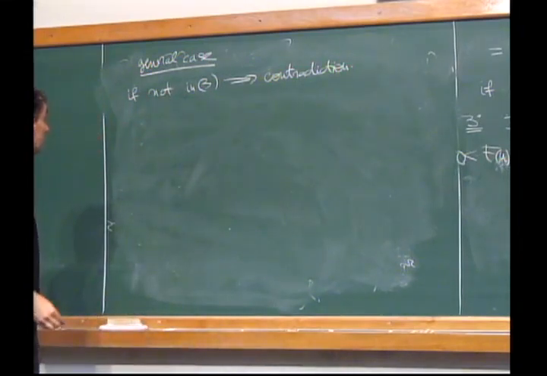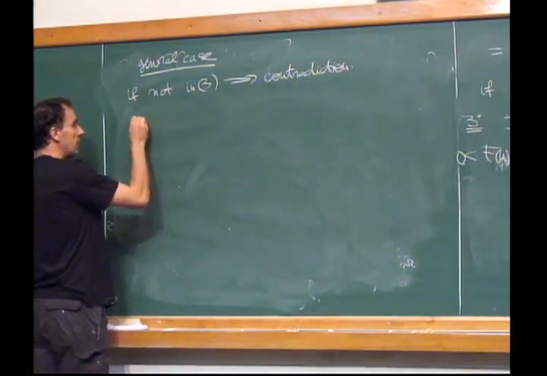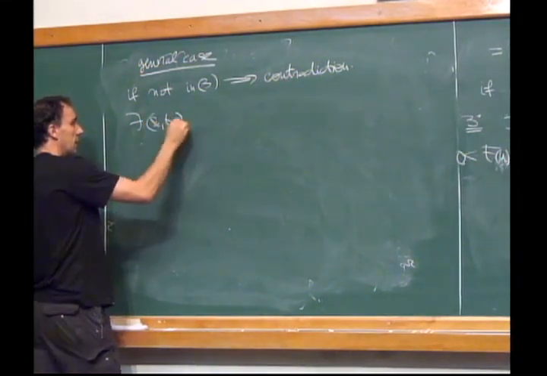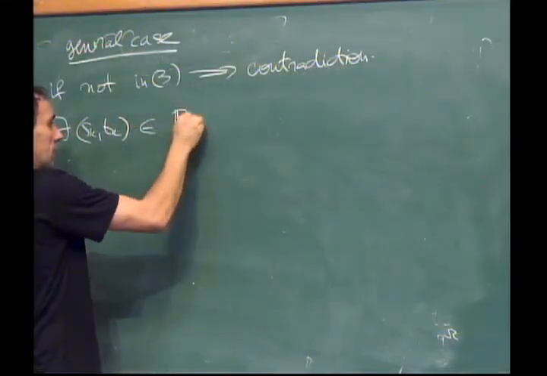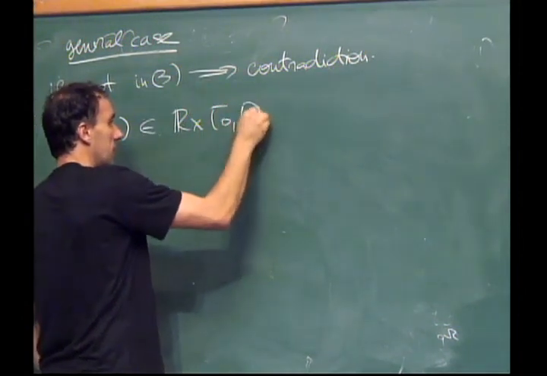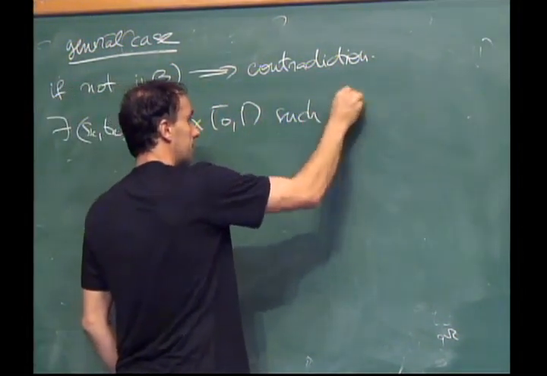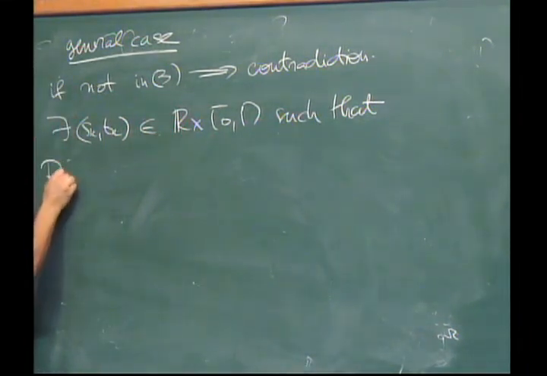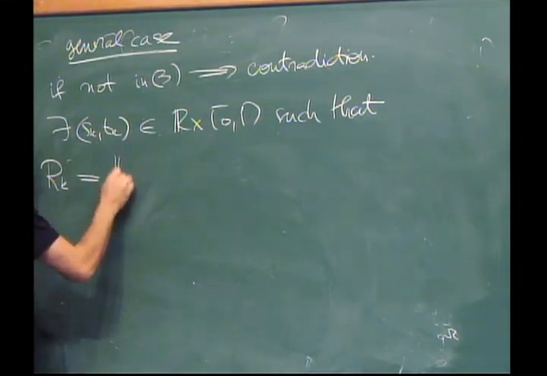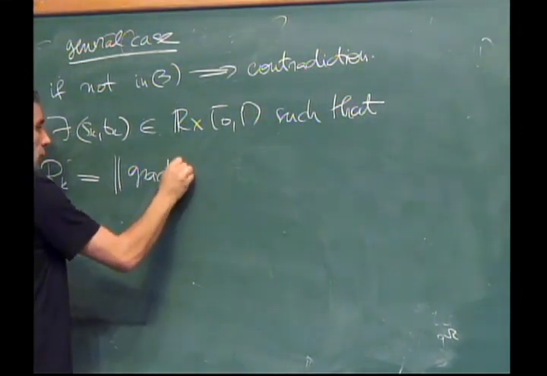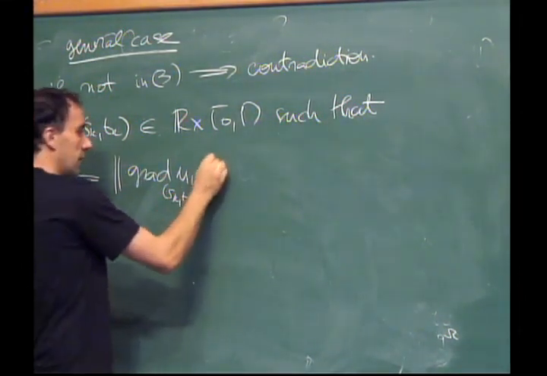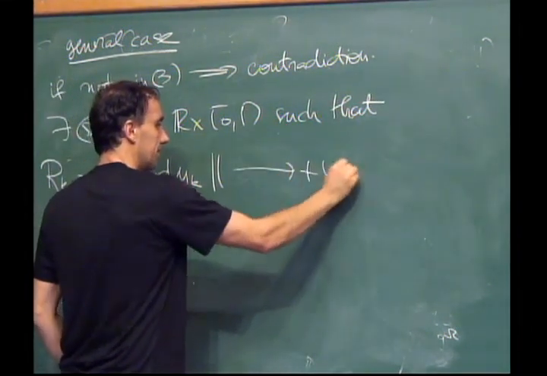Not being in hypothesis 3 means there is some (s_k, t_k) in R times [0,1] such that R_k, which is the norm of the gradient of u_k at (s_k, t_k), goes to plus infinity.